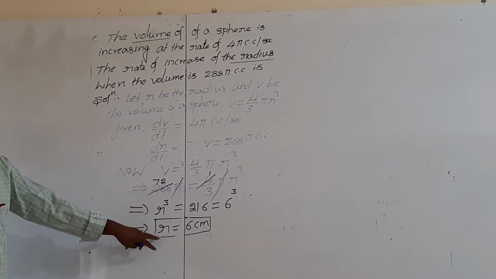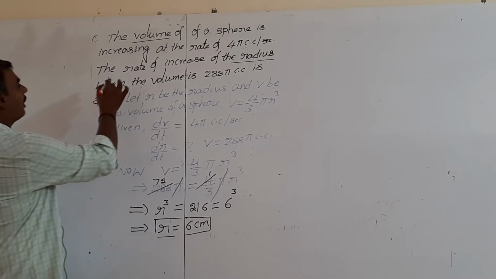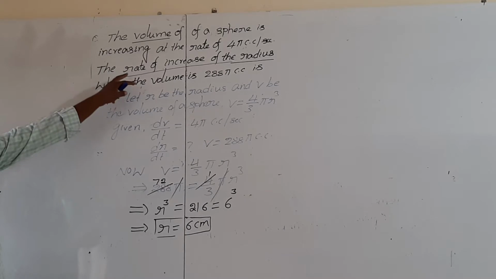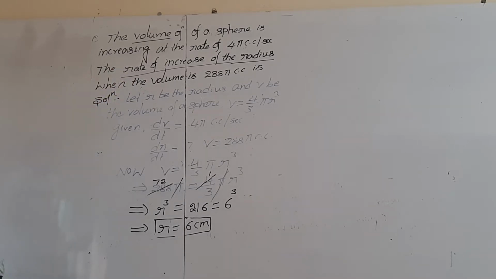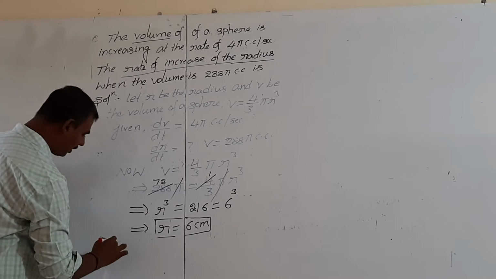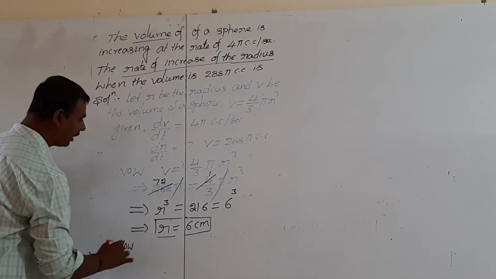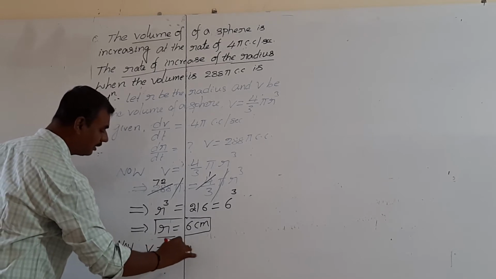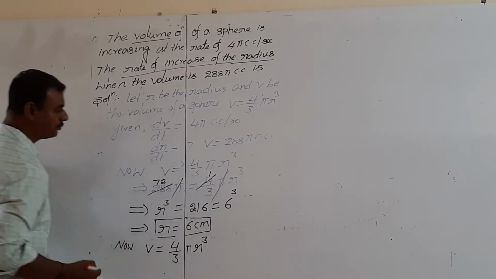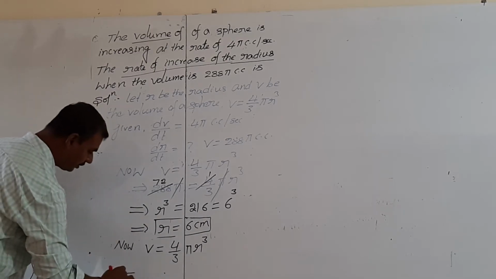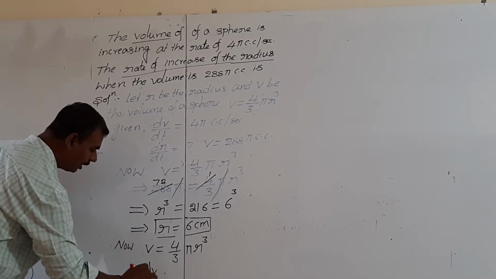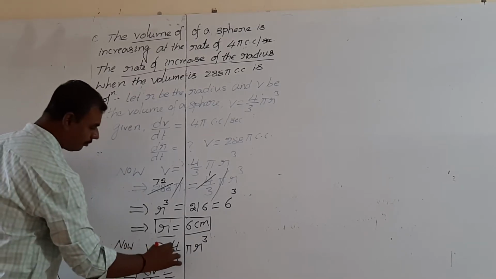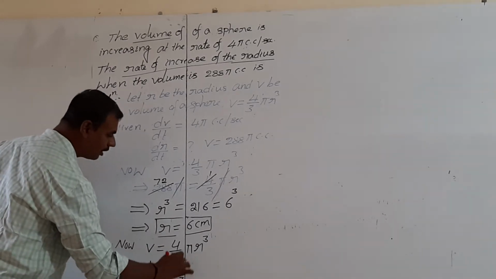But we don't want the radius. What is asked in the problem? The rate of increase of the radius. That means we should find dr by dt. So again we take the same formula, V is equal to 4/3 pi r cube, and differentiate with respect to time. dV by dt is equal to 4/3 pi.